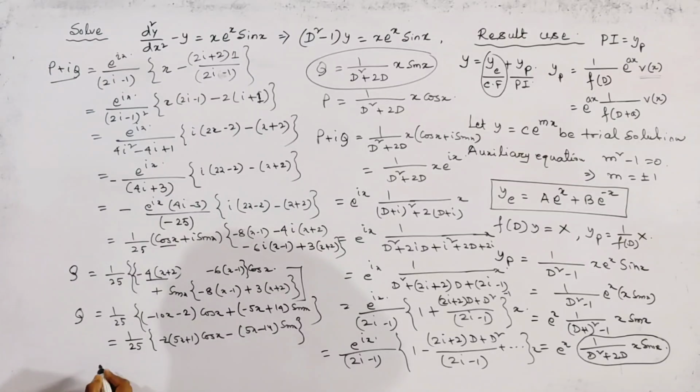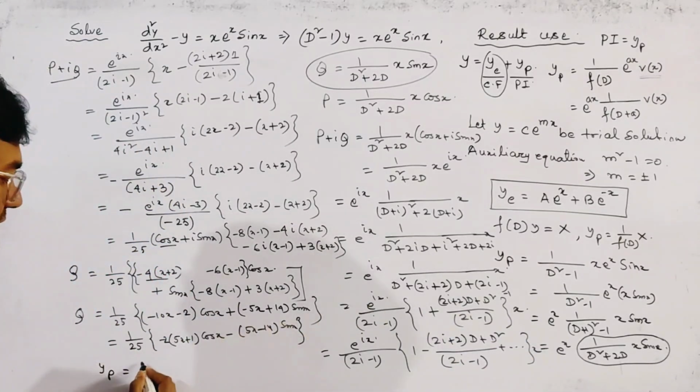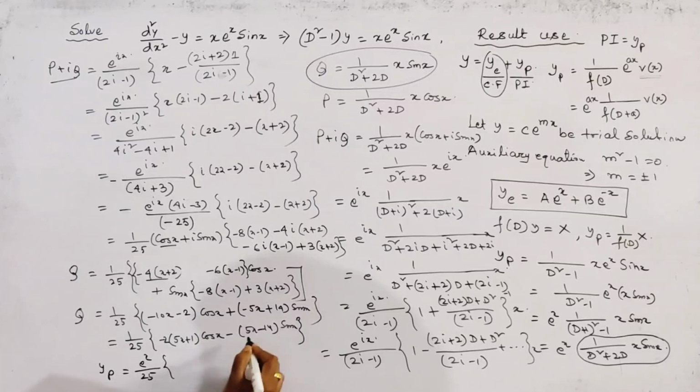Okay, so yp is given by, here e to the power x present, so we write e to the power x by 25. Okay, and we write this term at the first, (14 minus 5x) into sin x.